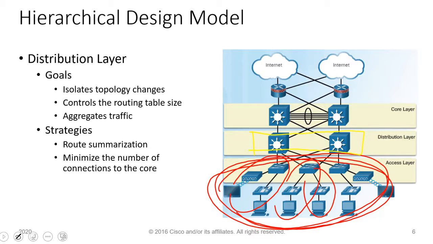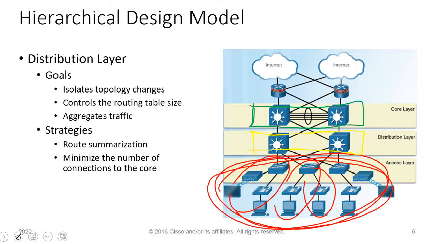It can provide the same view to the core layer. So the core layer doesn't need to know any of the changes that are happening at the access layer or at the node levels. The distribution layer will manage that.